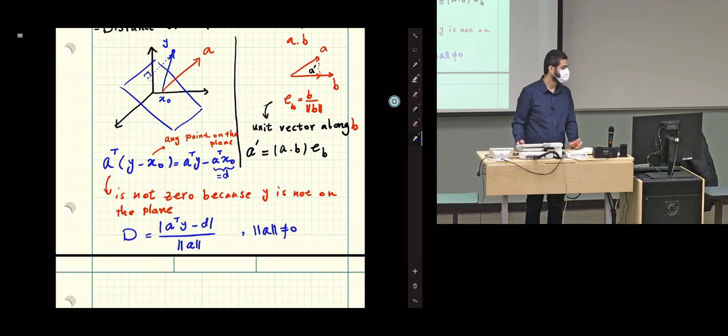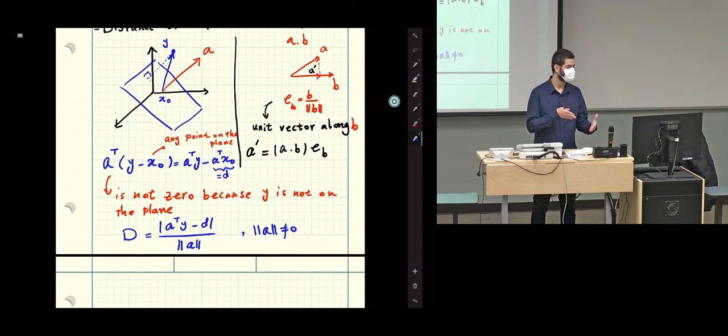Now, when the signed version of it is useful. Now, in our example of the classification, we will use the signed version of it. So we don't take the absolute value. In computer vision, if you have a camera looking at a surface, it's important which side of surface you're looking at. In computer graphics, when they want to shade the surface, you want to shade it relative to the viewpoint. If you move the camera to the other side of the plane, for example, you want it to have different texture or visibility.